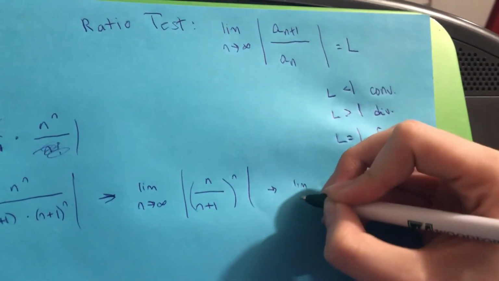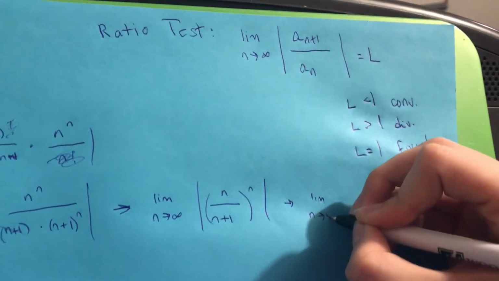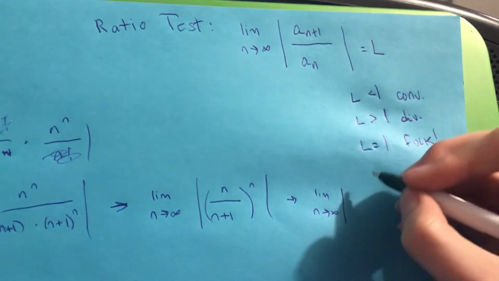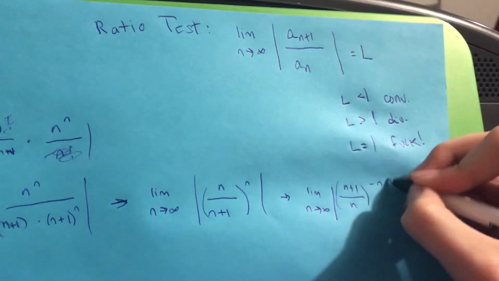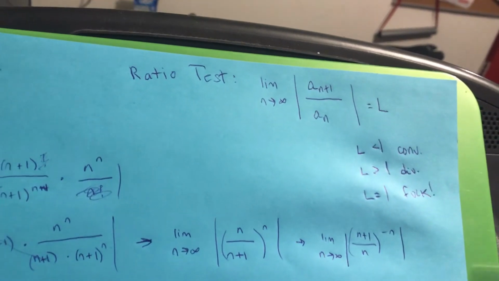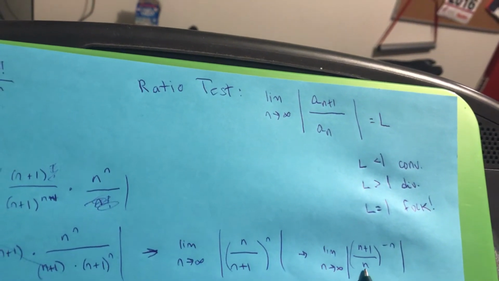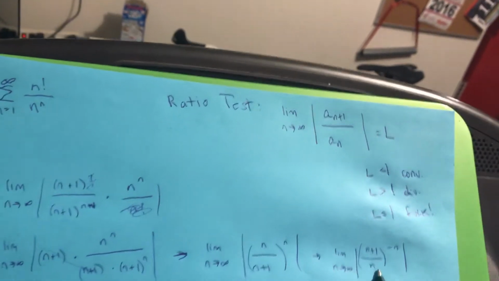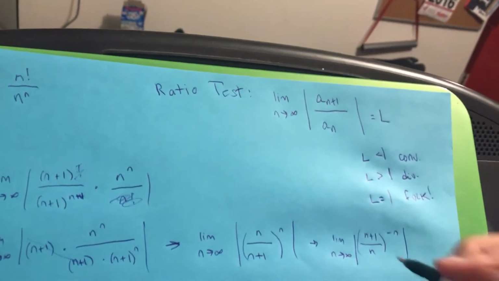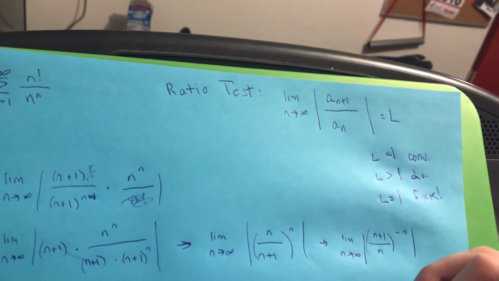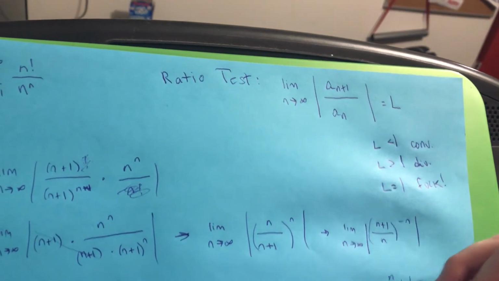So then you can rewrite that again as the limit of n plus 1 over n. We're just flipping it, so now it's a negative n. And then we can rewrite the insides. Notice we have the n plus 1 up there. That's really neat. So it's n over n plus 1 over n, that's 1.